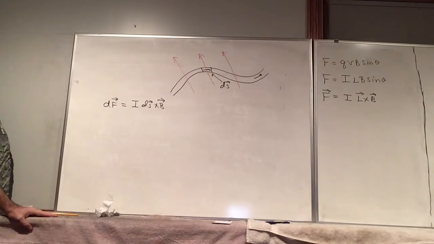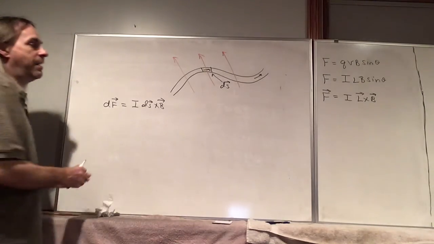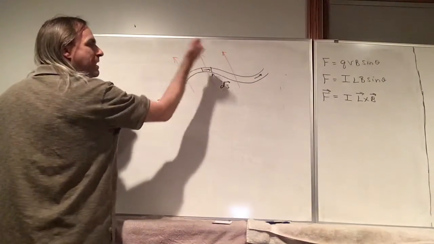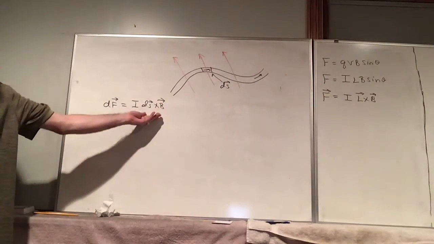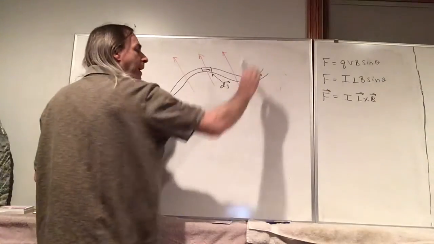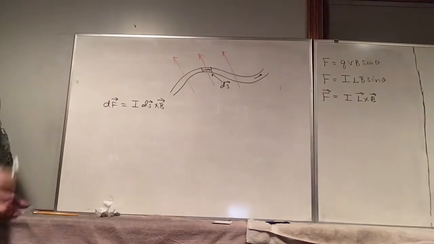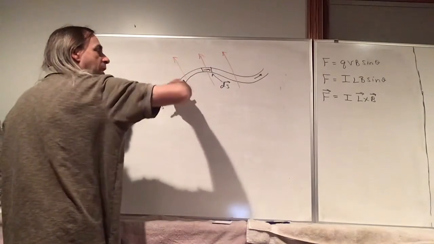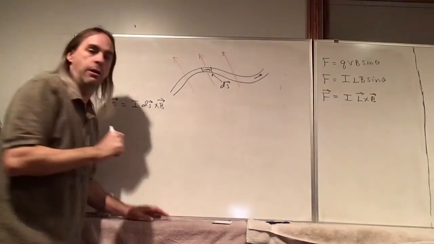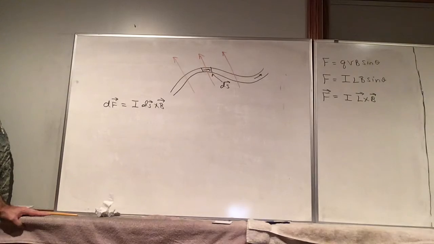Because if we take this cross product, ds cross B, in this case it is out of the board. Now, the magnitude of ds cross B will depend on where you are on the wire, because it involves the angle between the wire and the magnetic field, and that's obviously changing here. But at least it's always going to be pointing in the z direction.